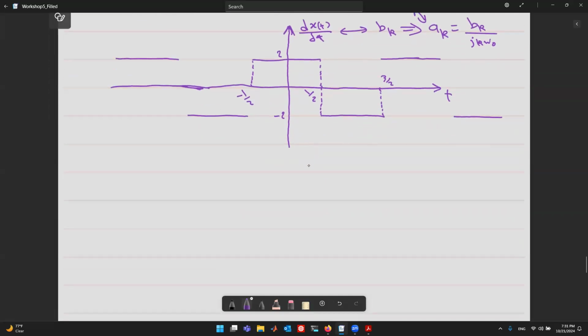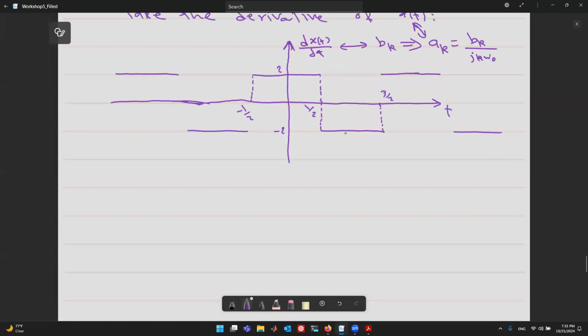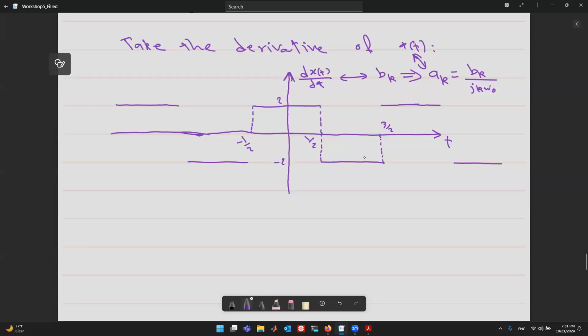But we can even make it simpler if we take the derivative one more time. If we take the derivative one more time for this signal, what will we get?